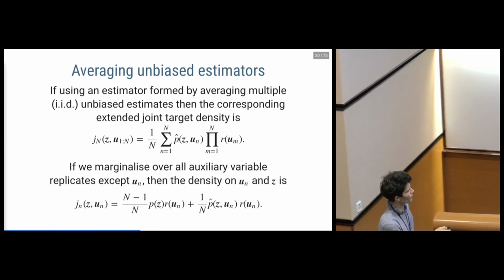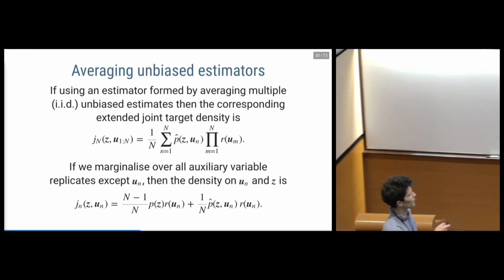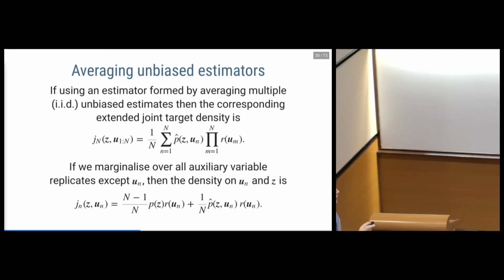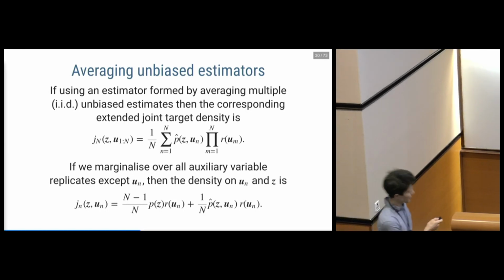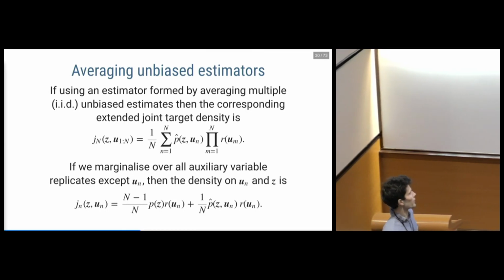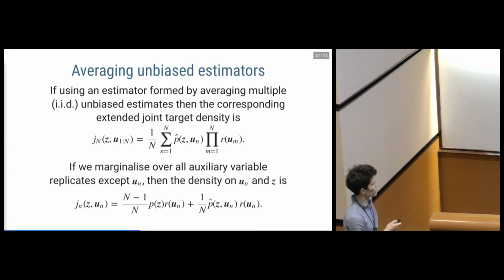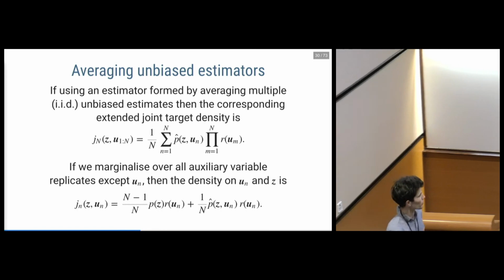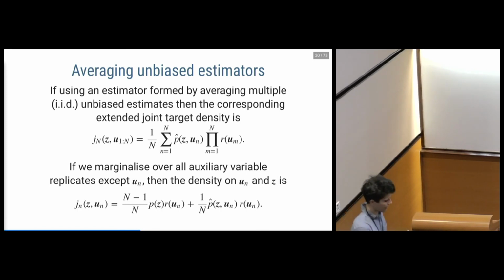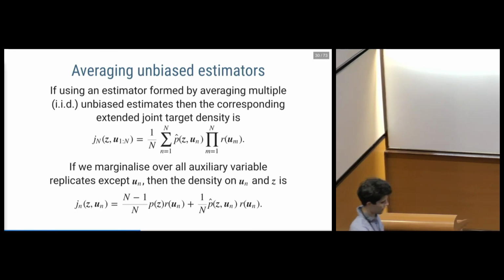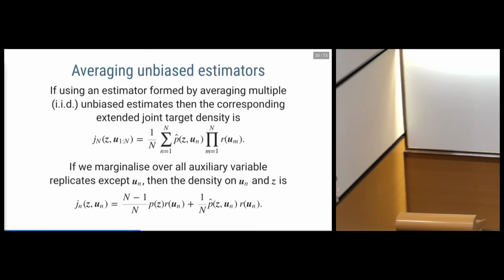It's only through this estimator that there is dependence between the current z values and the u's. And so as we increase the number of importance samples, this assumption of independence between the auxiliaries and target variables will become valid, but obviously at some potentially very high cost of evaluating all of these independent density estimators.